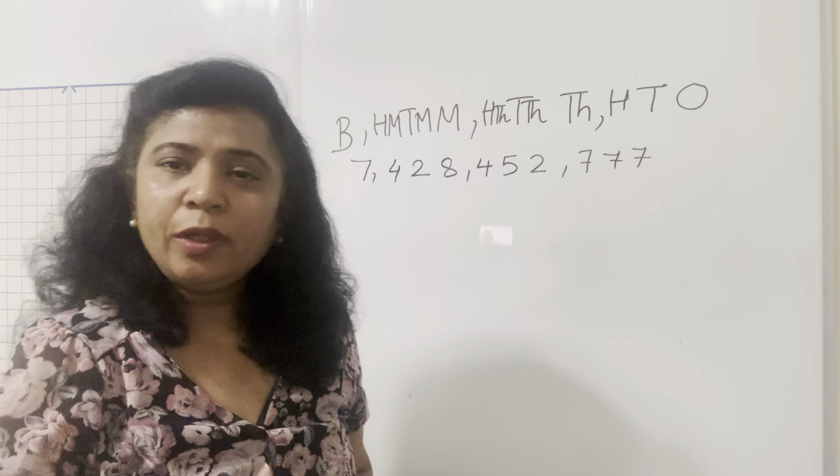I have given 777 at the end just to explain to you how the same number is different and what relation they have with each other. Okay. So this is called expanded form, and word form is what I just said, that you just have to write it in words, like 7,428,452,777. When you write it in words, that is called word form.